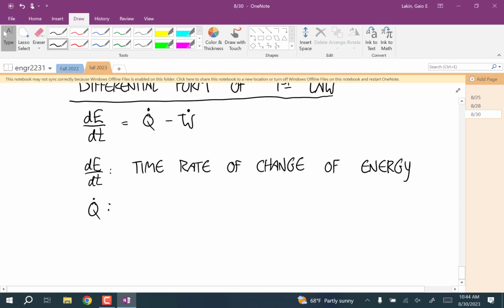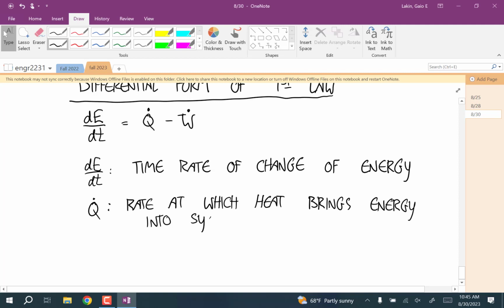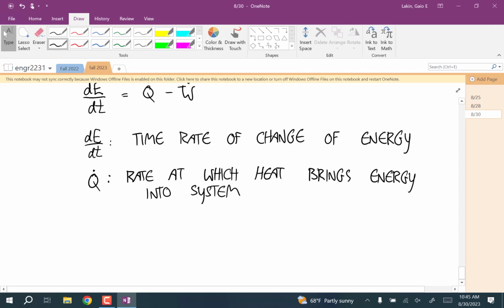But Q dot is the rate at which heat brings energy into the system. And W dot is the rate at which the system does work on the surroundings.